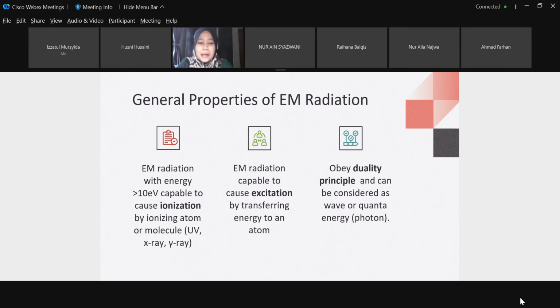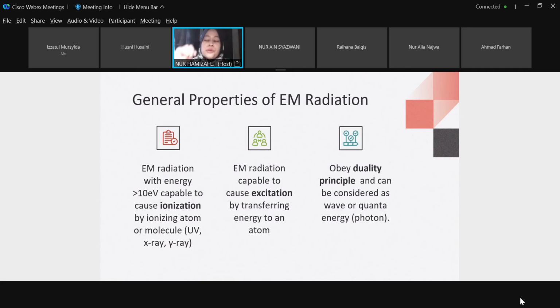Okay. So later when you go back, check again. Distance is quite important, so you all must know. Ionization normally is when the particles or the photon that hit the atom are able to ionize.